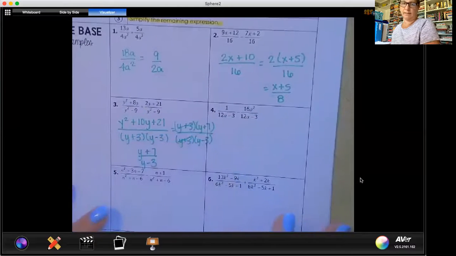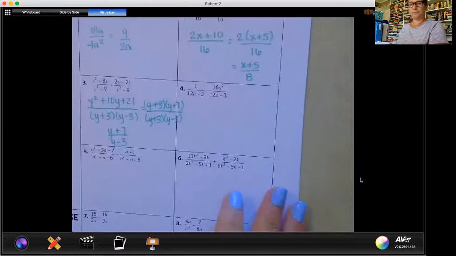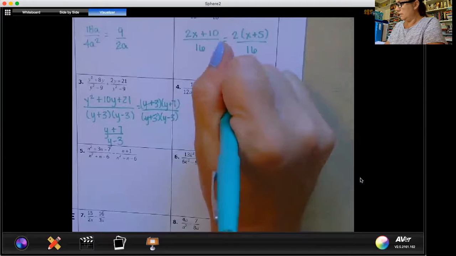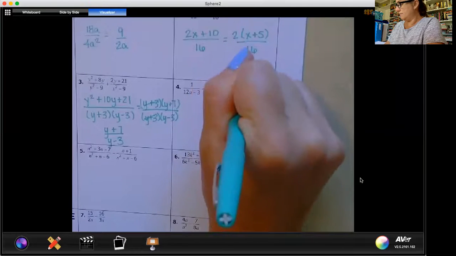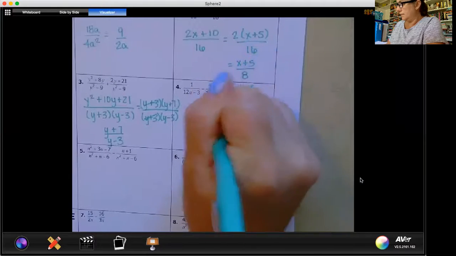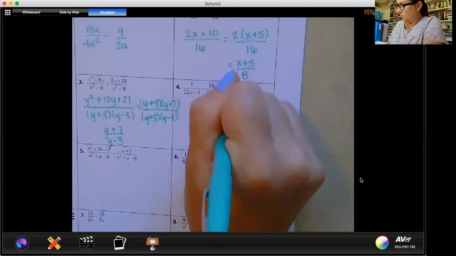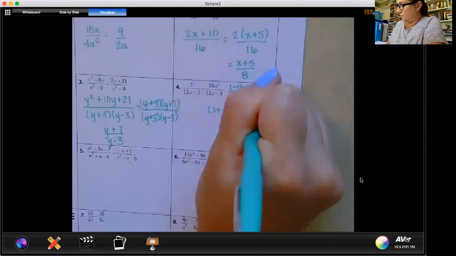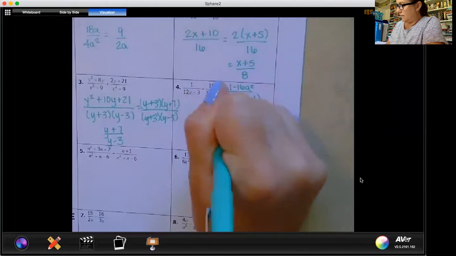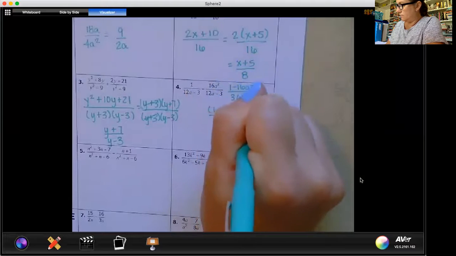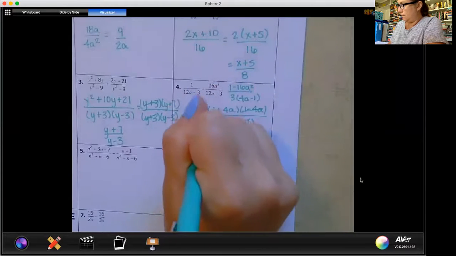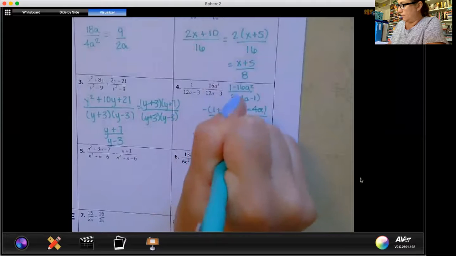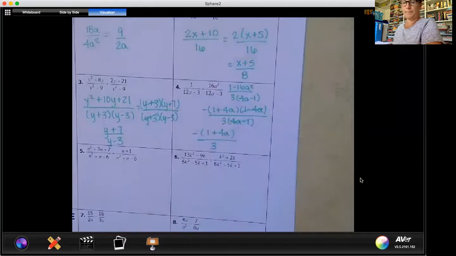You're going to find some of these boxes get real small real quick. So 1 minus 16a squared over 3 times 4a minus 1 is 1 plus 4a, 1 minus 4a over 3 times 4a minus 1. Cancel with a negative. So you have negative 1 plus 4a in parentheses over 3.